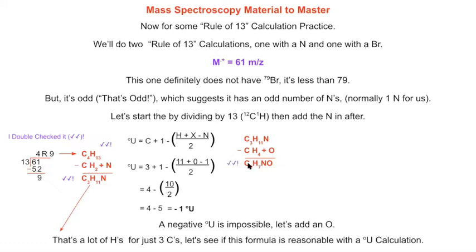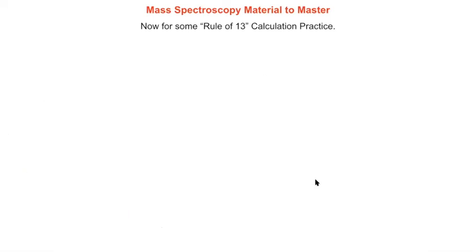And for this one, let's double check it. Does it have the right mass? So C2, that's 12 times 2, 24. Plus 7 hydrogens plus 14 plus 16. So I get 21 there, 40, 50, 61. This double checks. And let's check the degrees of unsaturation now on the next slide.